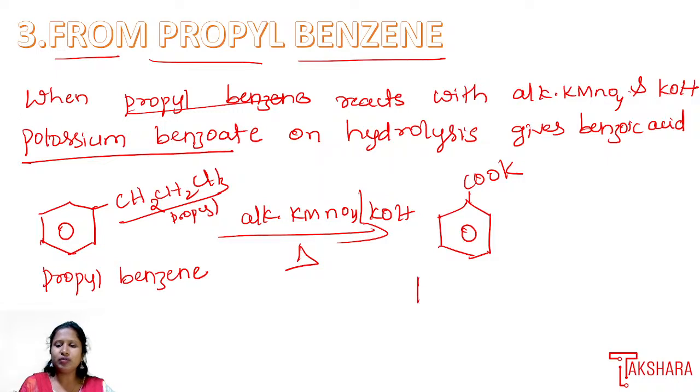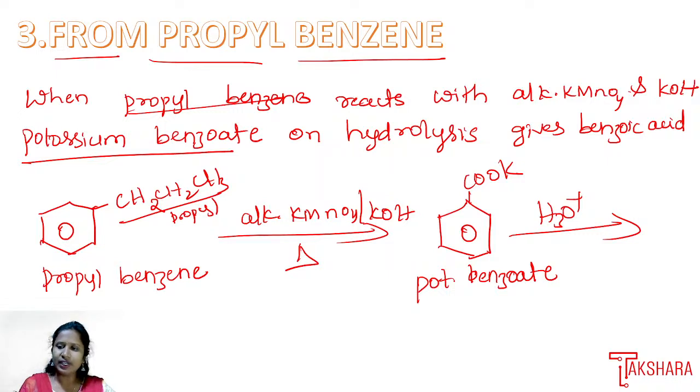When it undergoes protonation with H3O plus, we get the product with COOH attached to the benzene ring, which we call benzoic acid. So this is the reaction for the preparation of benzoic acid by using propyl benzene.